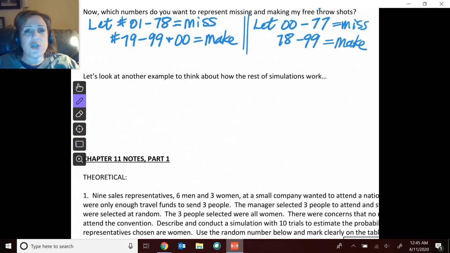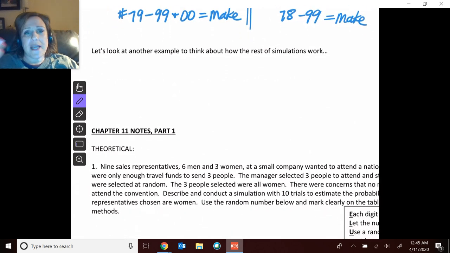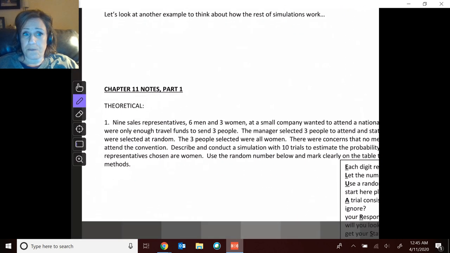You have options. You can do things differently. All right. So that's deciding what kind of digits we need to use, 1 digit, 2 digits, 3 digits, and so on, and how we could use the proportionality to have particular digits assigned to an event of making or missing. So here we go.